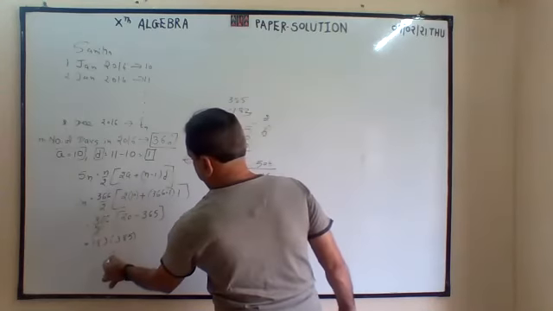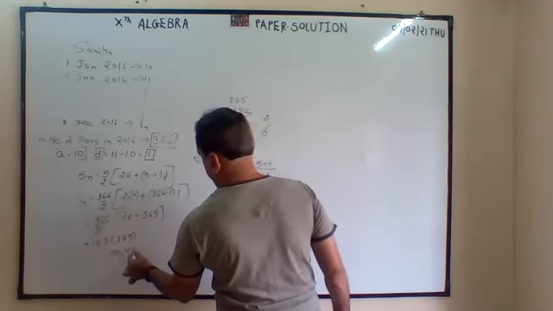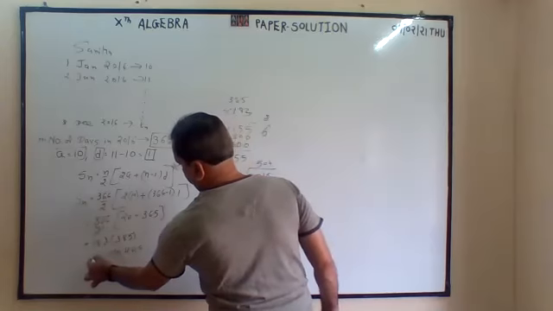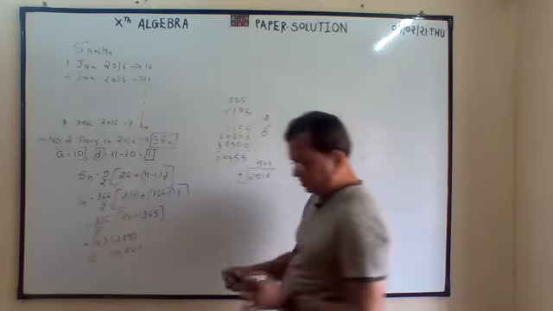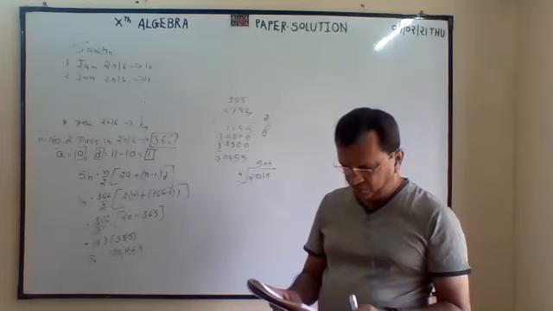It is 70,455. Every day it is increasing by 1 rupee.